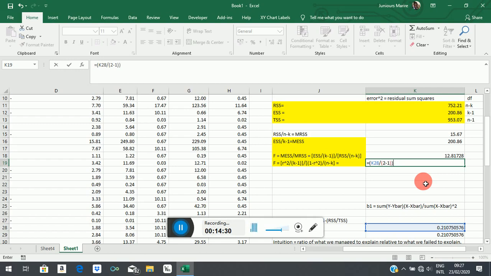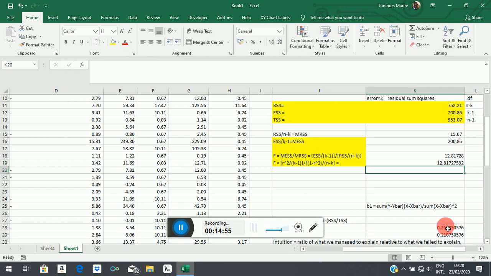We close that, we divide by 1 minus our R squared. We close, and we are dividing this by N minus K. Our N is 50, our K is 2 estimated coefficients. We close that, okay, and you see it's the same number that you get there.